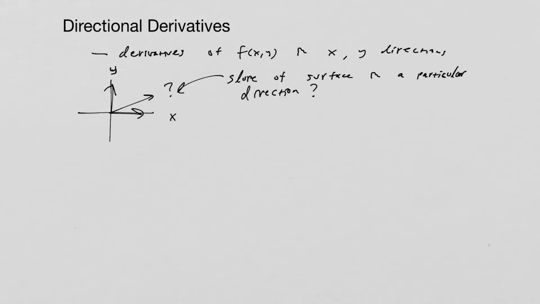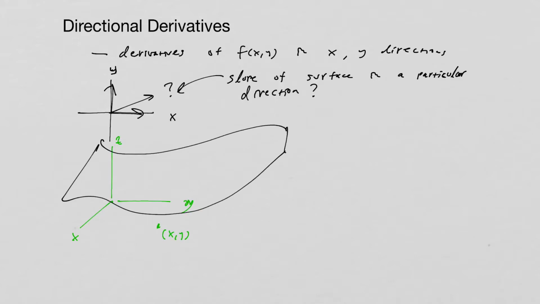Let's just get a picture to get the understanding here. We have x and here we have y, we have z. Let's say we have a specific point x and y right there. And of course we have a surface like that, and we're up to a point right there on the surface. We've learned how to take derivatives in the x and y direction purely. But what if I want to take a derivative going in a very specific direction, like right there?